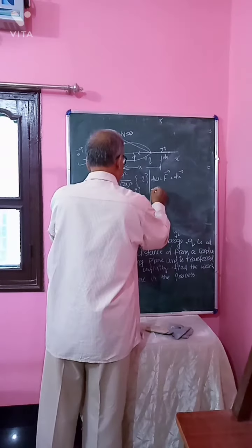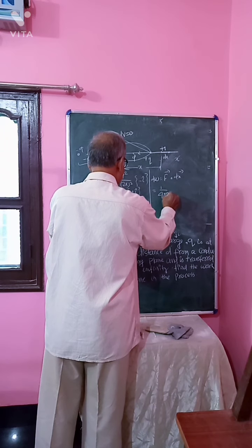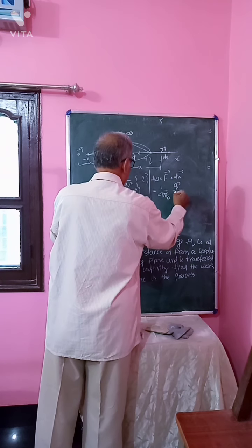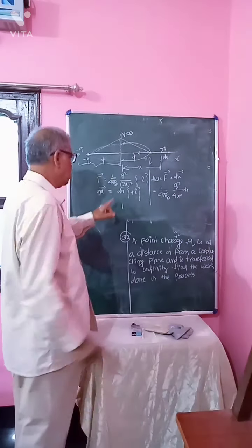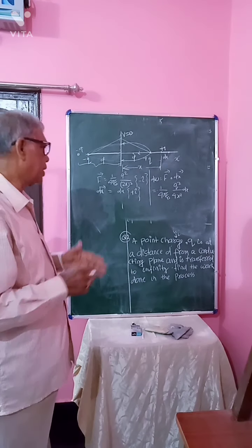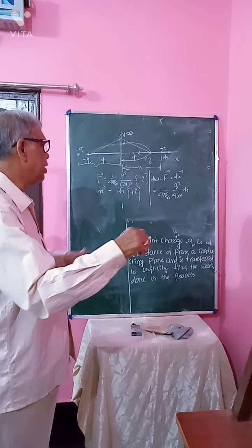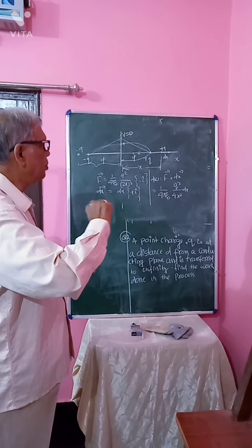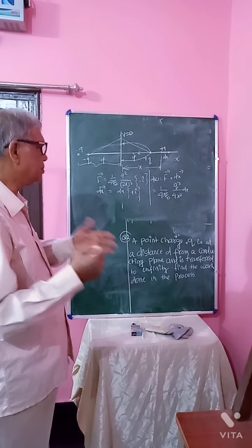So I can write this is equal to minus 1 by 4 pi epsilon 0 q square by 4x square into dx, with a negative sign because we are considering electrostatic force. If you consider the force exerted by the agent, then it will be plus. The agent must apply a force opposite to the direction of the electric force, so as to transfer the charge.